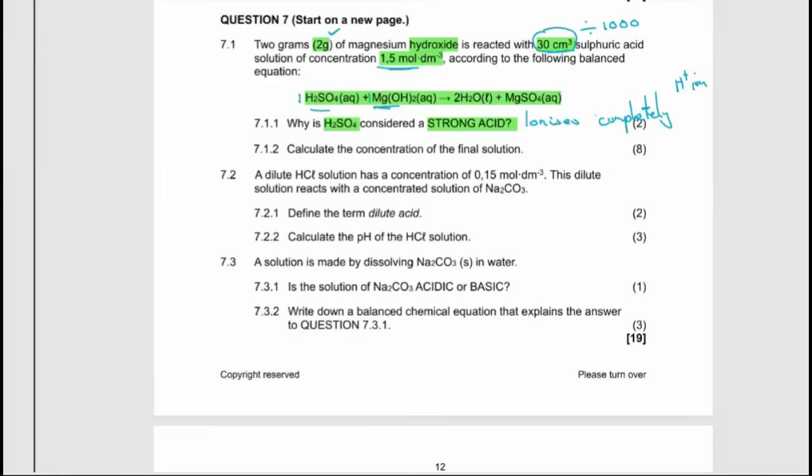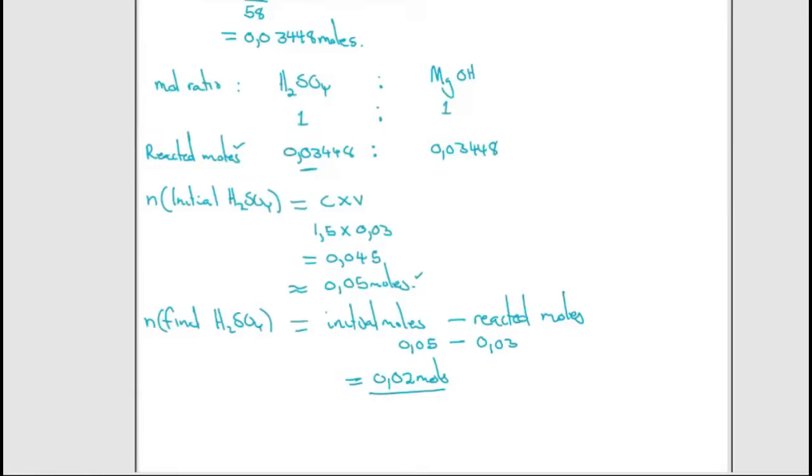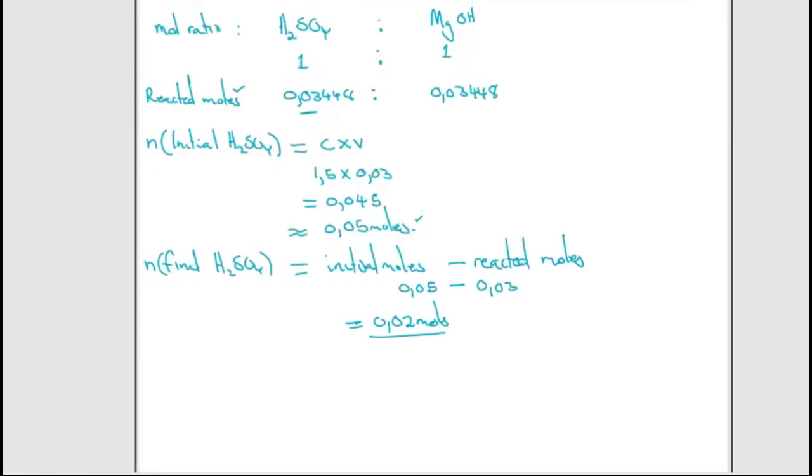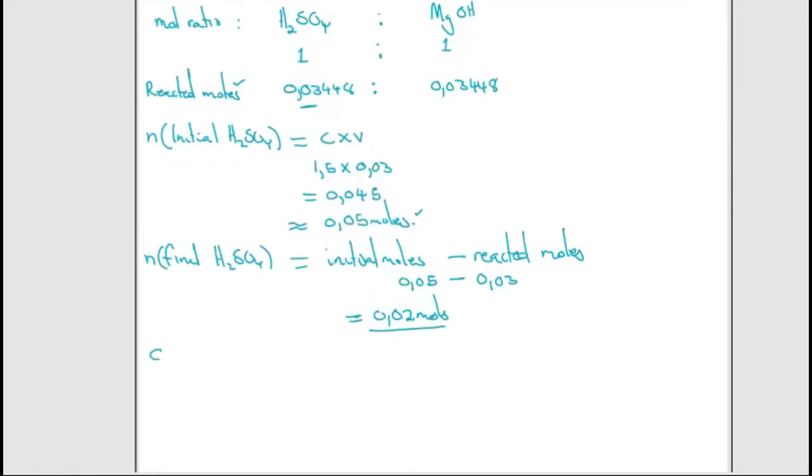Then after that, we can calculate what we were asked. They're saying calculate the concentration of the final solution, right? So the concentration of H2SO4 is equivalent to n over V, number of moles over volume. Therefore, the number of moles is 0.02 all over the volume, which is 0.03.